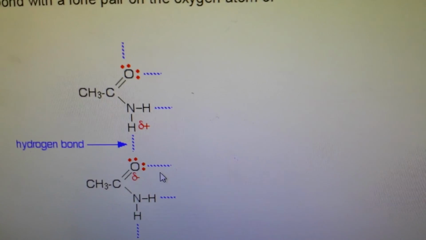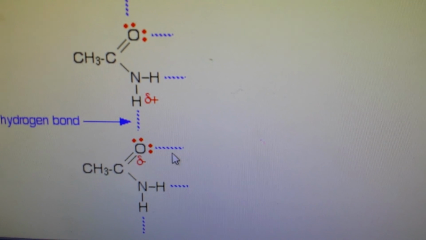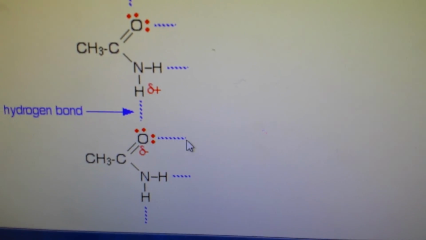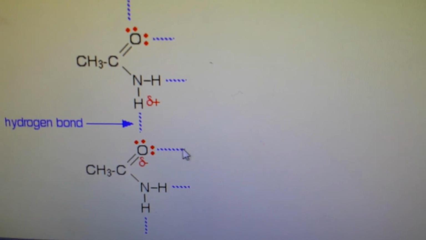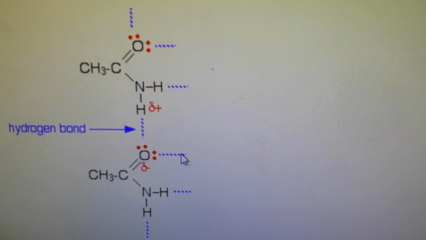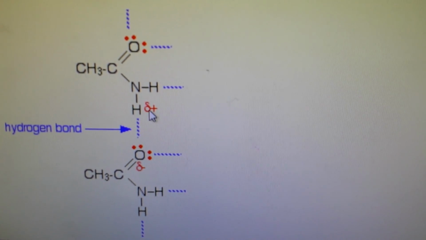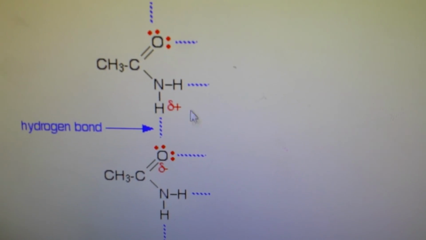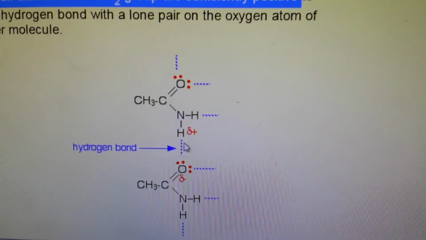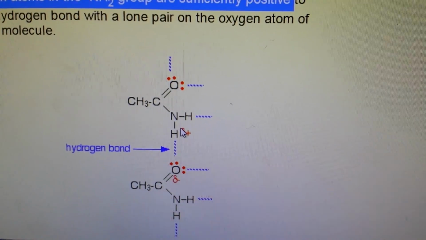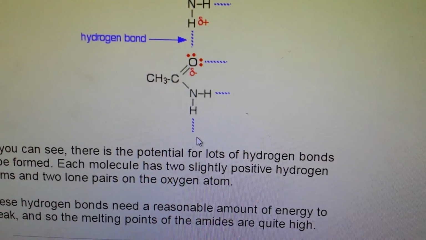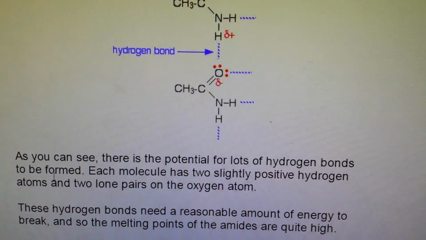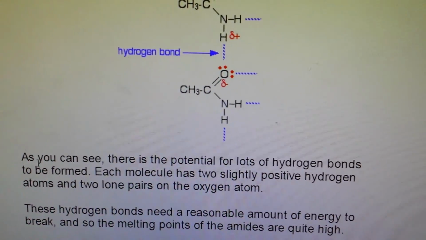Here is the amide structure. You can see it has 2 lone pairs, ready to form a hydrogen bond. This bond will be with the electropositive atom, that is, hydrogen itself. Amides have these electropositive hydrogens. So with hydrogen bonding, the melting point will be higher, and the boiling point as well is higher compared to the number of carbon atoms present in the amides.